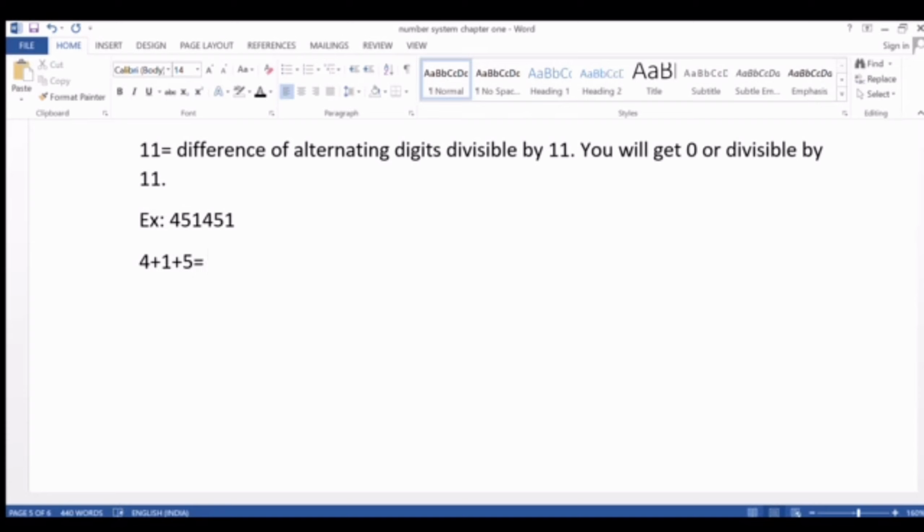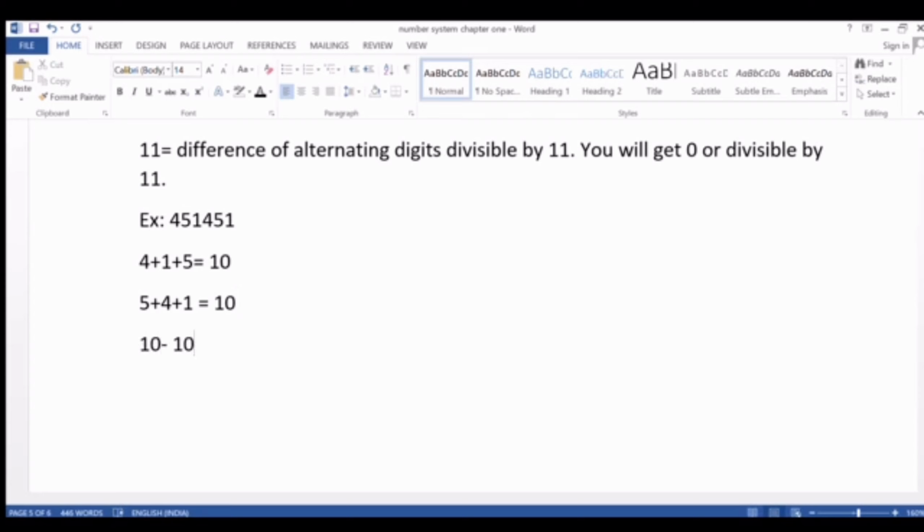You add the alternate digits, 4 plus 1 plus 5... you will get 10, right? Then you add the other alternate digits, 5 plus 4 plus 1, you will get 10. Then you subtract the two numbers, 10 minus 10, you will get 0.